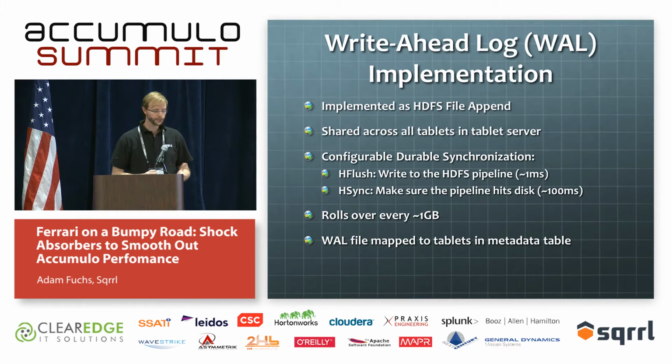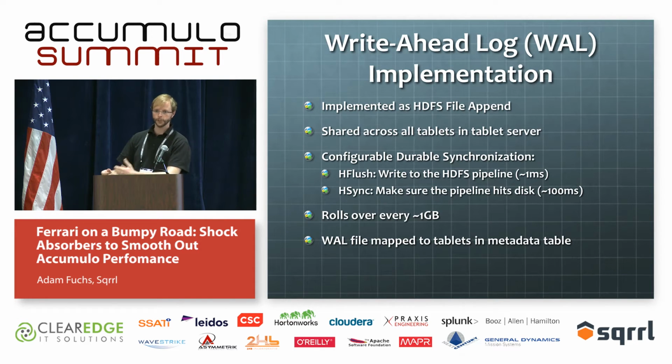The method of synchronization is configurable. So we have two different types that we use. One of those is hflush. Hflush means that, all right, file, all of that data that I've written to you, make sure that it is on all of the servers that are going to write to their local files, or their local disks, hard drives. Hsync is a little bit more extreme, so it says, all right, everybody, all of the servers in this write pipeline, make sure that the data has hit disk on every server.